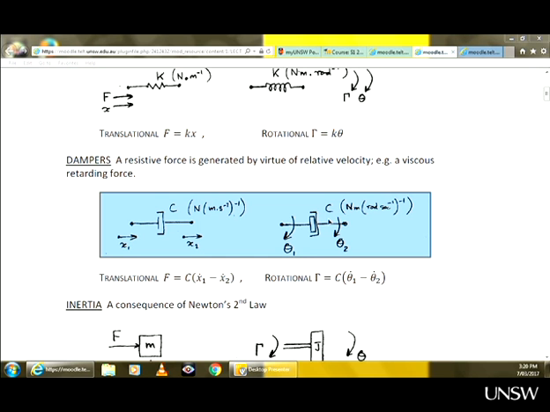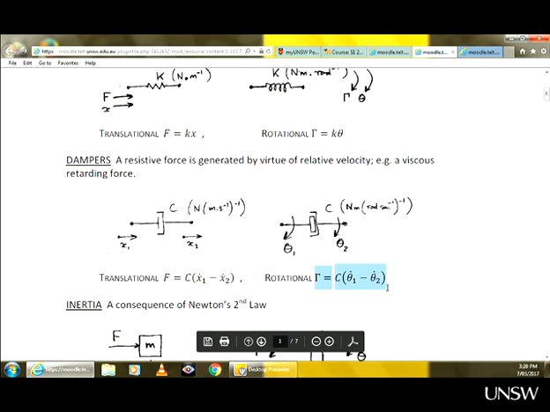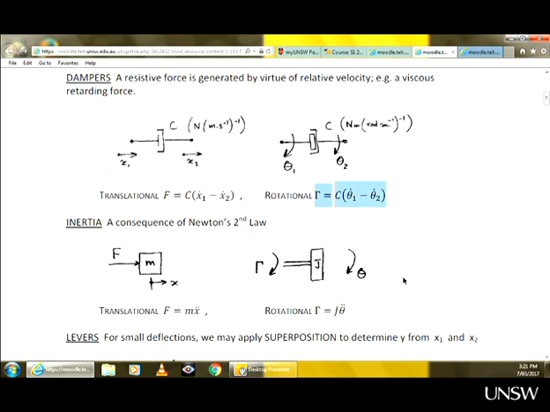So you have a disk moving through oil instead of a cylinder moving in a linear fashion. Then the relationship is, again, very similar. Torque gamma equals C, which is a coefficient of viscous resistance, times the difference in angular velocities between two ends of this shaft or whatever it is.